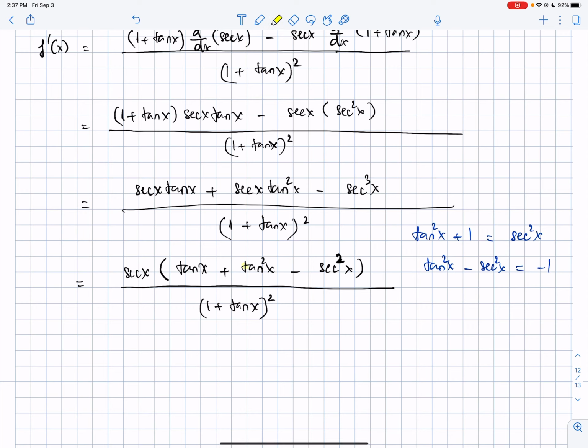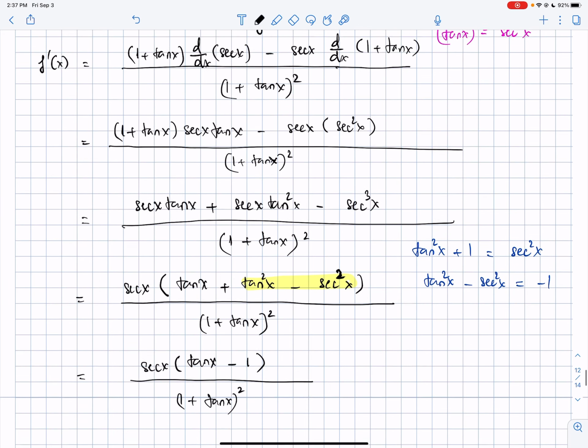So this right here means negative 1. Then the next step will be secant x times tangent x plus negative 1, which is minus 1, over 1 plus tangent x squared. So we finished finding the derivative of the function f of x.